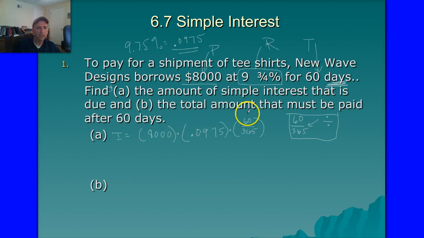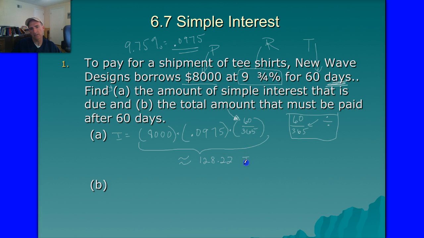Or if you're comfortable putting in the fraction like I taught you earlier, just use that A B over C button. You put all that in, and you should come out with about $128.22. I think it was an irrational number, and I rounded that off.